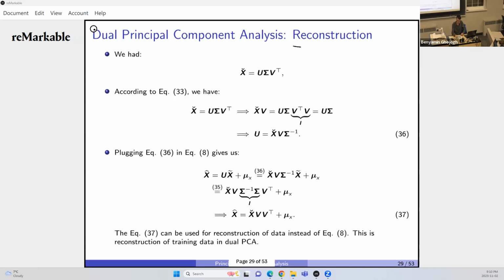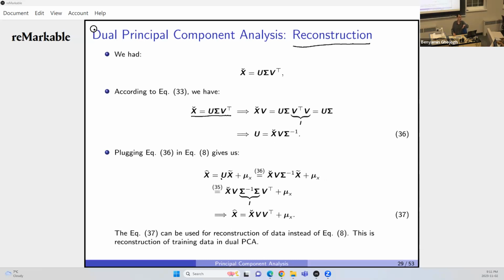Now reconstruction. The previous slide was projection. Reconstruction, do you remember? It was U X breve plus mu, in other words, U X tilde plus mu. X tilde was a projection, right? So first off, X breve is its singular value decomposition.